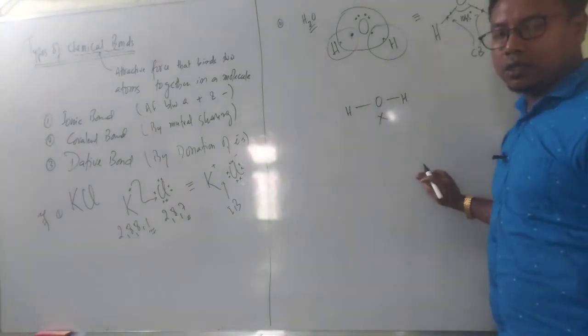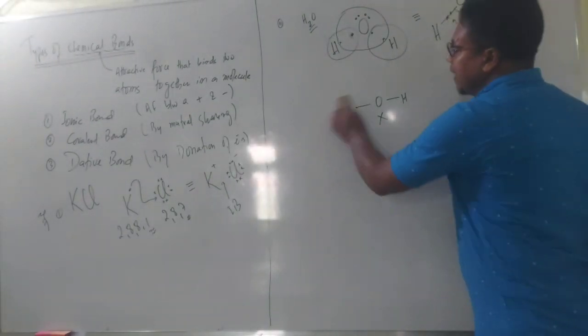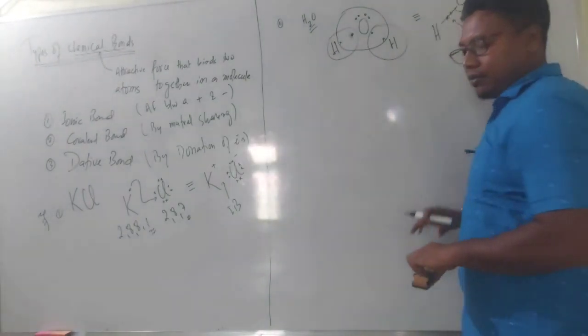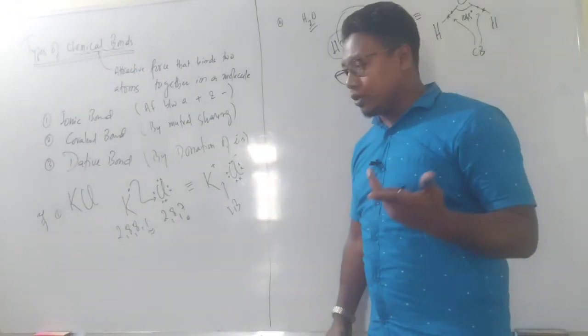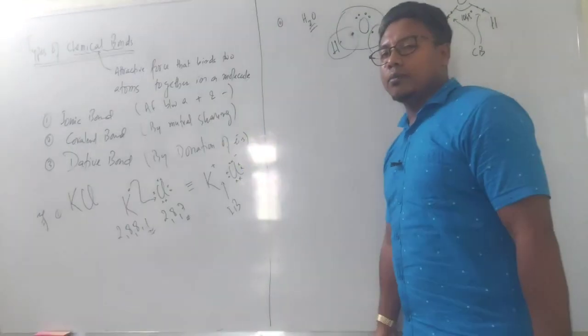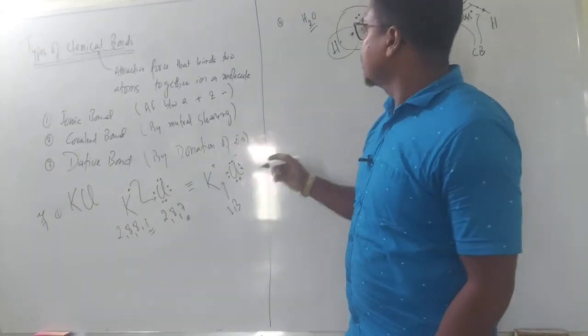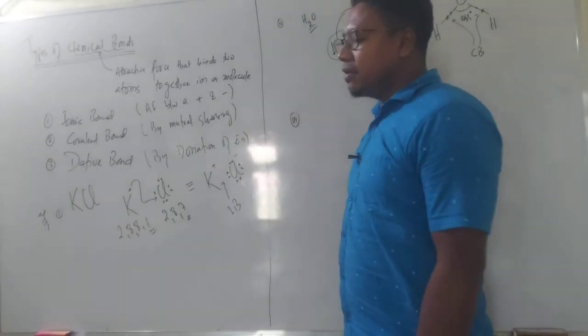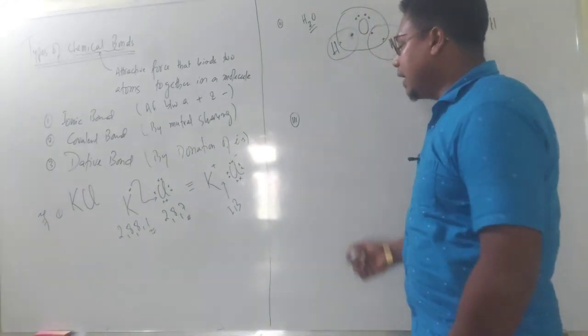This is the wrong structure of water. Okay, so direction is defined, means there is a fixed geometry and shape of covalent molecules, while there is no shape or geometry of ionic compounds. Okay, so another example, the third example, let me give the third example of a dative bond, right?